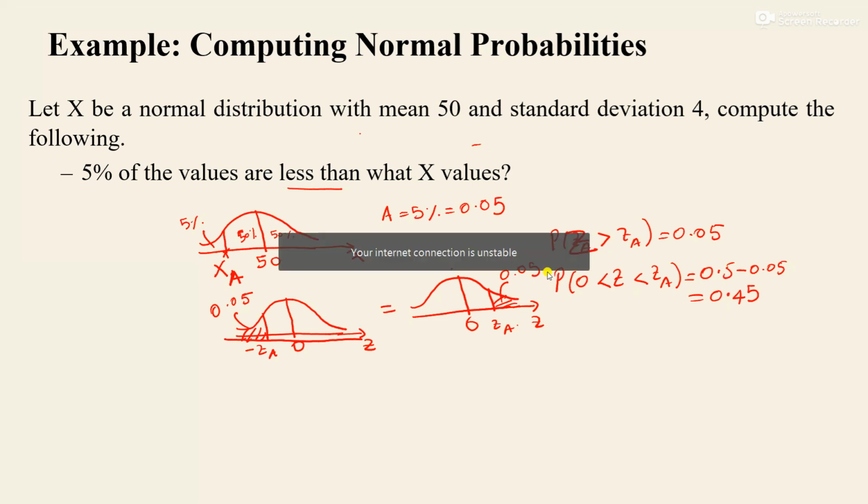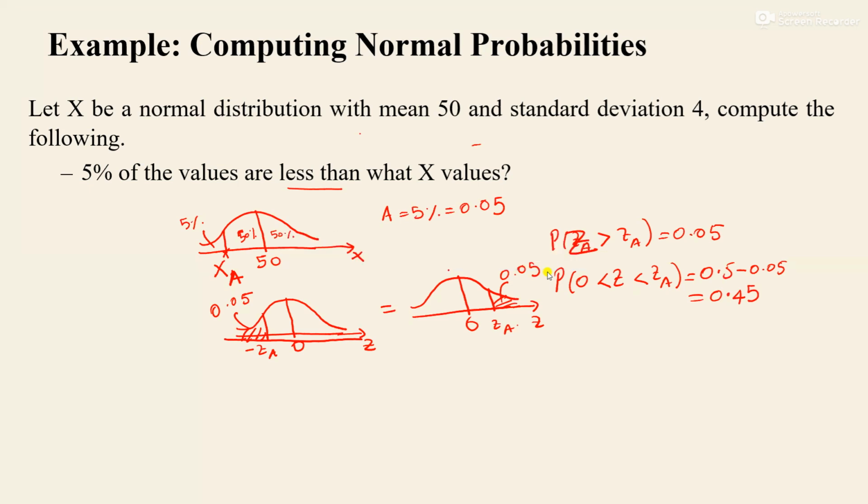Close to 0.45, if you take the 1.6 row and scan down the row, there is 0.4495 and also 0.4505. Either one of the values you can take. The corresponding columns are 0.04 or 0.05.